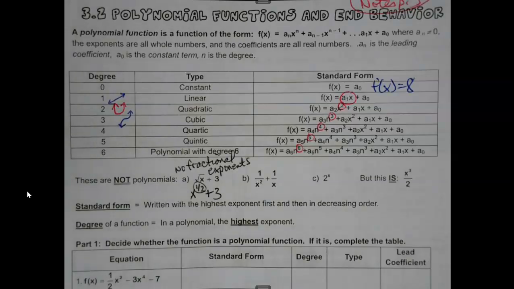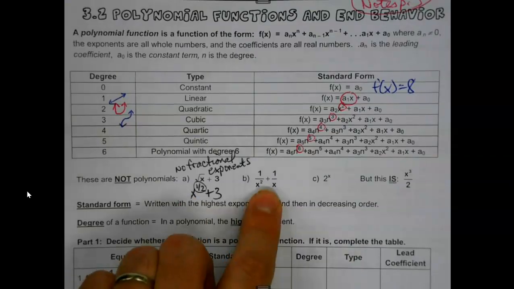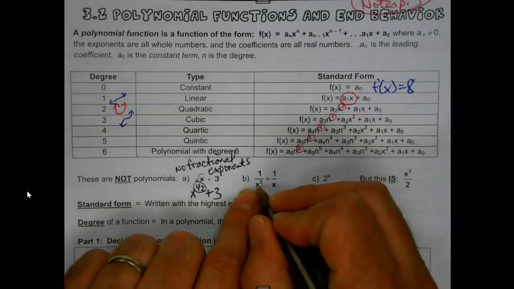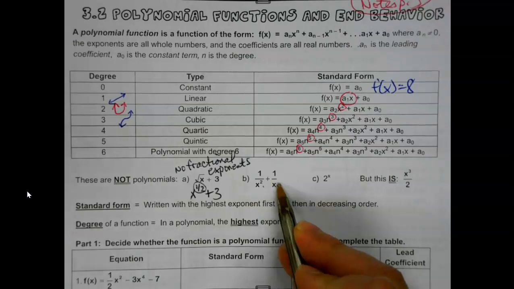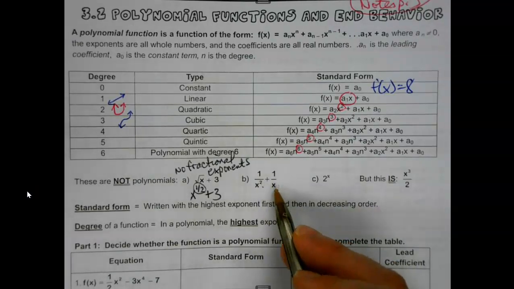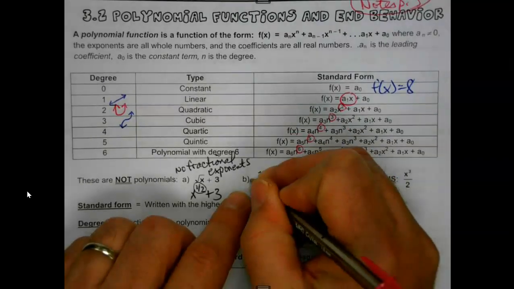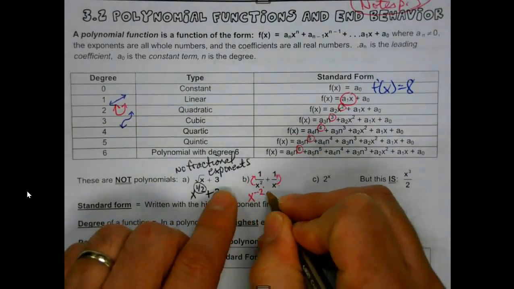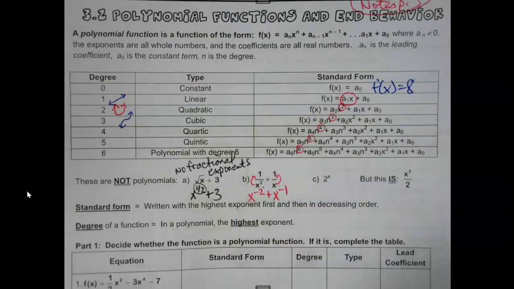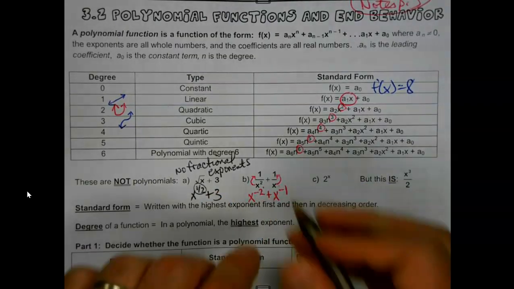So you're like, all right, let's see here. We can't have fractional exponents or radicals. Oh, well, what's wrong with these? That's a whole number. That's a whole number. Let's look at them not as fractions, though. If I were to look at these as not fractions, I'd have x to the negative second plus x to the negative first.